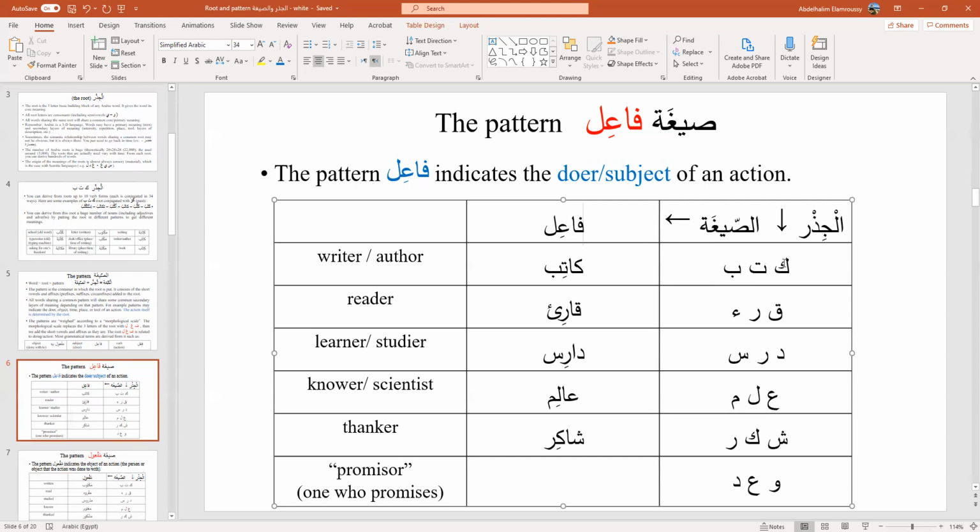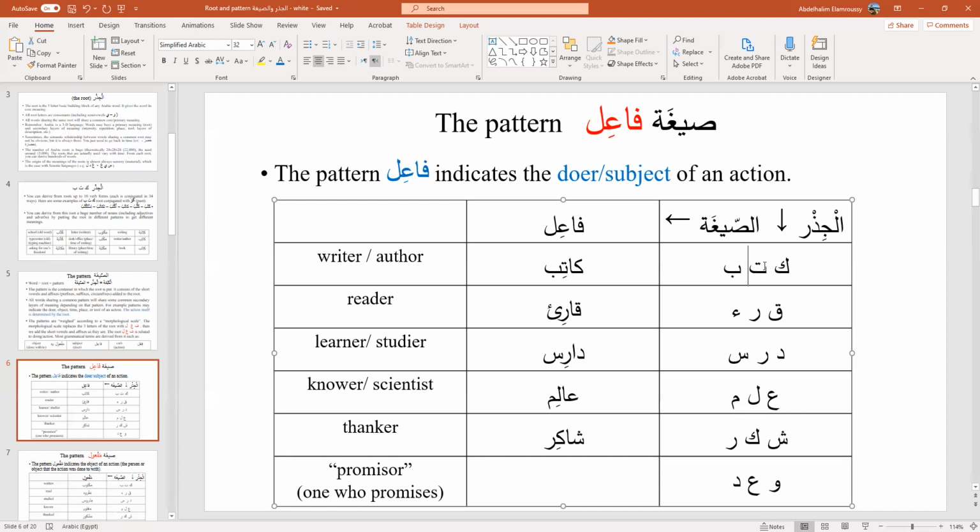First of all, you will replace the first letter of the root, which we'll call R1 to make it easier, with the fa.